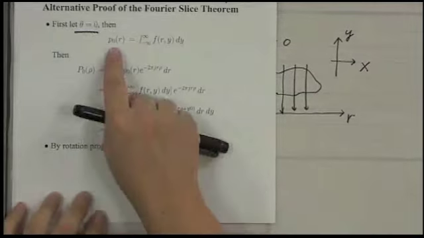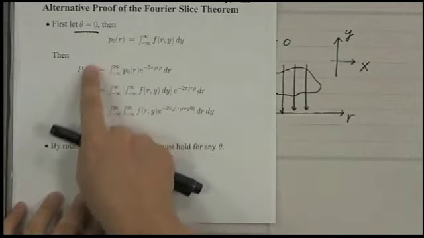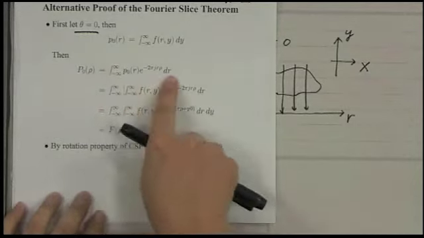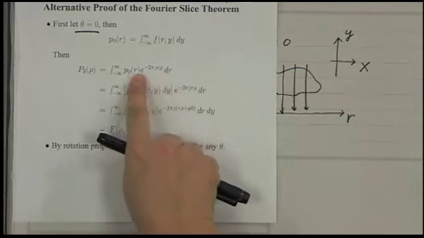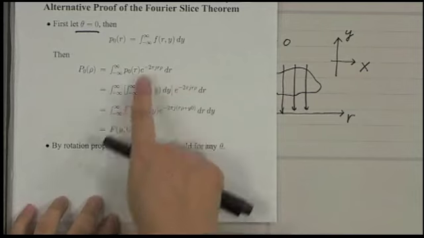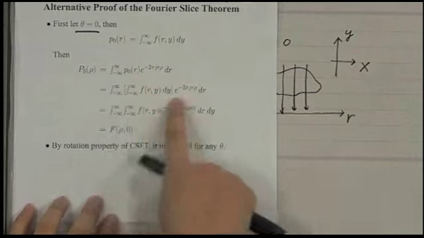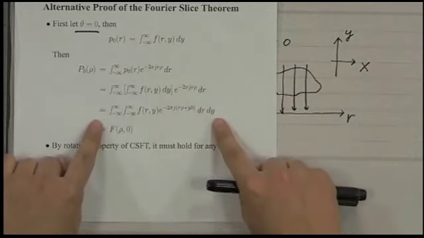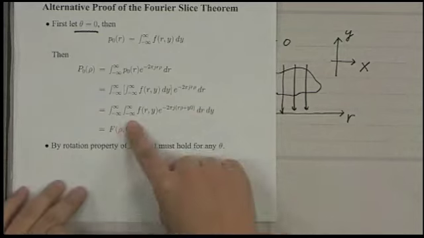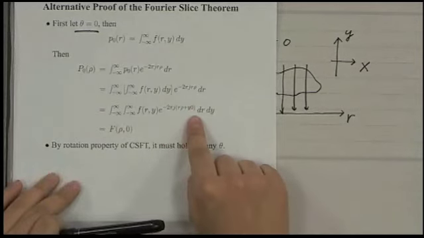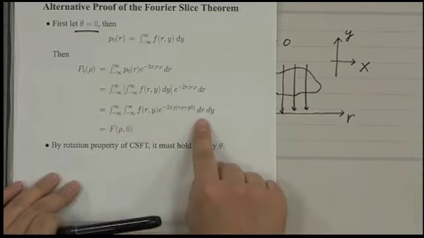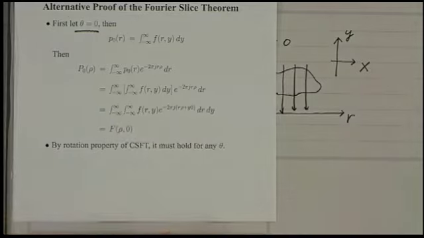Then we take a Fourier transform of P. This is just the definition of the Fourier transform, and we plug in this equation to here. And then we reach this form. And again, we are familiar with this form. This is the form of the Fourier transform of f(x,y).